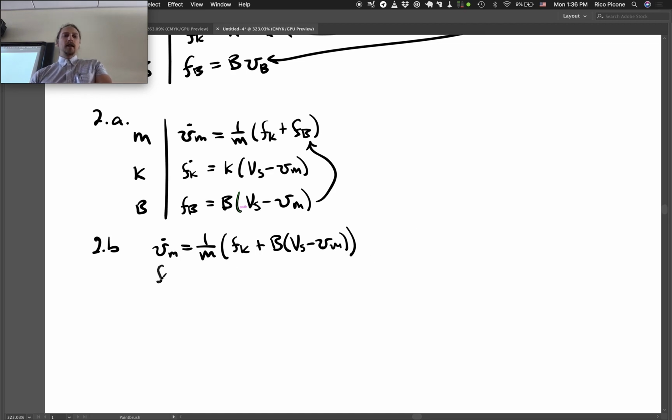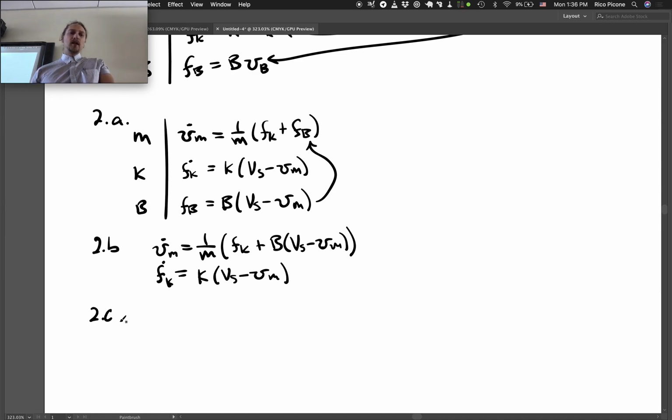Great. And then the Fk dot equation is the same, right? K times Vs minus Vm. We don't have to do anything to this because Vs is an input, Vm is a state variable. So we're good. You got it.